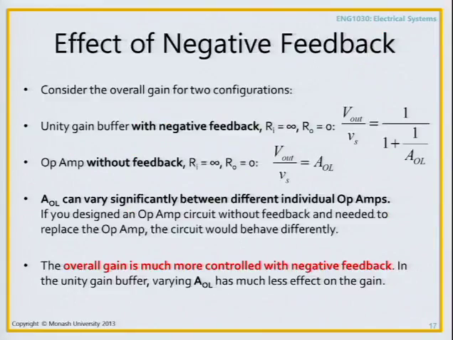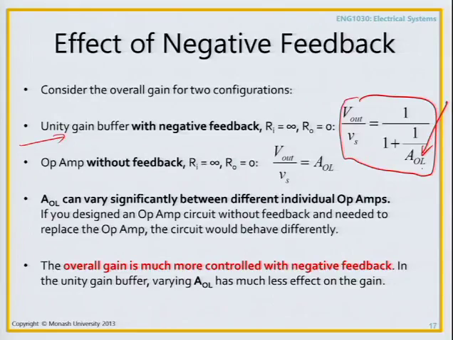Finally, what is the effect of negative feedback in all of this? I touched on it before, but just to make it explicit, when you revise this, take the unity gain buffer as an example. With negative feedback, it turns our gain equation into something which does not depend too much on the exact op-amp that you use.